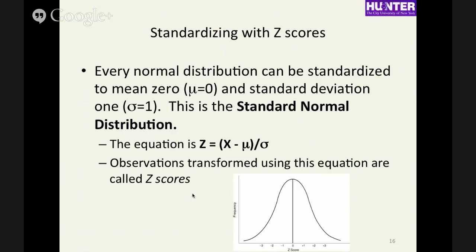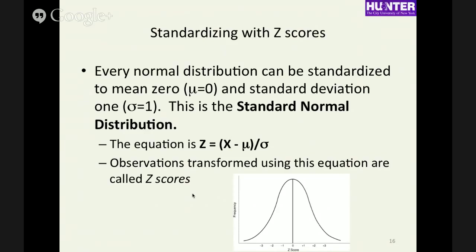All you have to do to convert any realization from a normal distribution to the corresponding z-score, or to convert an entire random variable to the standard normal distribution, is to subtract the mean and divide by the standard deviation. That distribution will then have a standard deviation of 1 and a mean of 0. And that's the standard normal distribution.